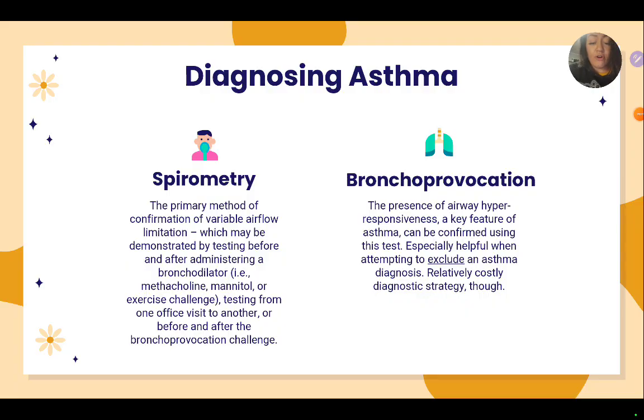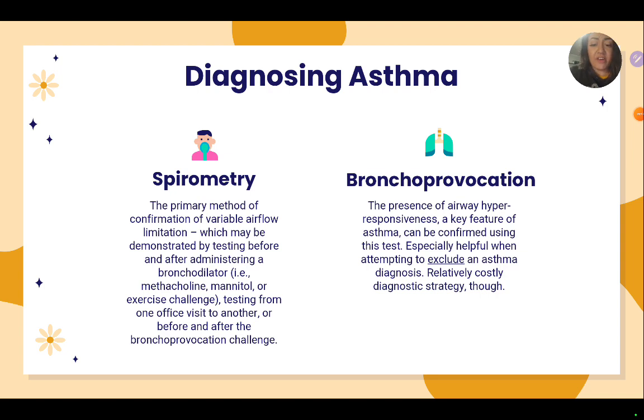Or you could confirm the diagnosis based on two key additional elements. One is the demonstration of variable expiratory airflow limitation, preferably by spirometry, or PFTs, and two is the exclusion of an alternative diagnosis, such as COPD, for example. You can achieve these two things by spirometry and bronchoprovocation.